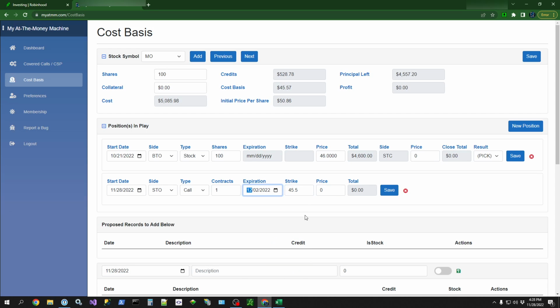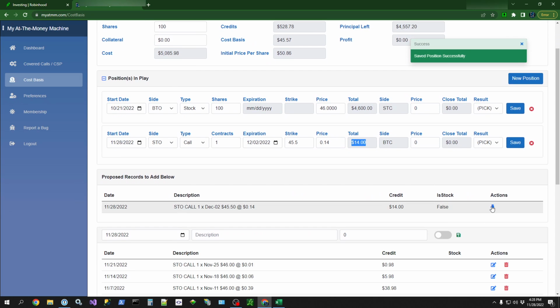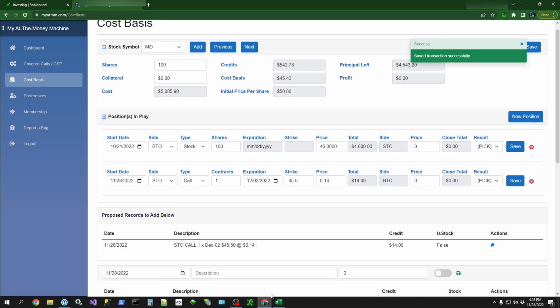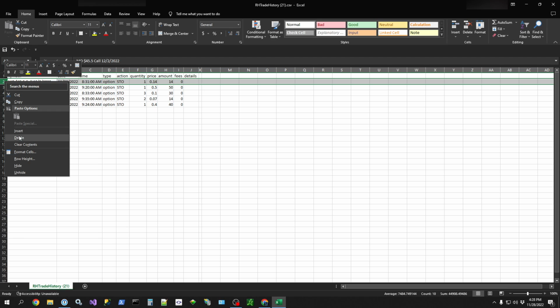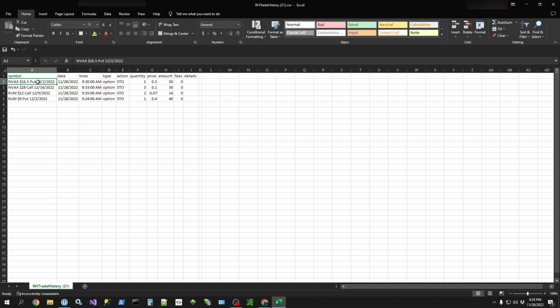So this one just went out to this Friday for 14 cents. Move that down and save that. Not a big week for premiums. It looks like we got a little over 100, maybe 200 in premiums this week, so that's not bad.